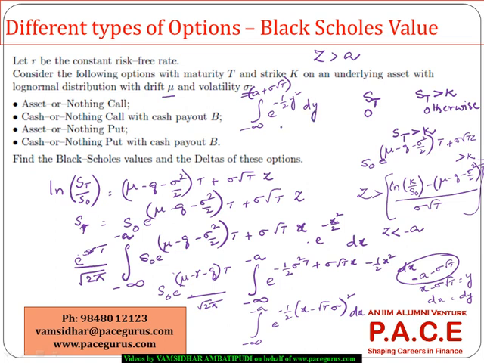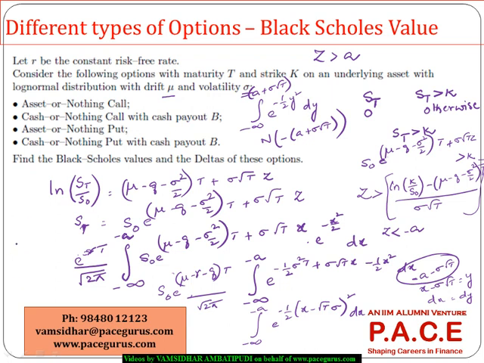Now this is directly becoming N of minus of (A plus sigma root t). So directly this is coming out as a solution.